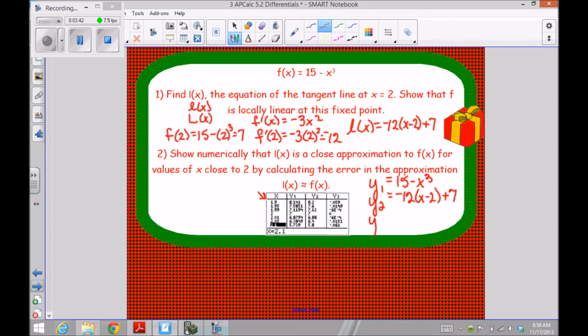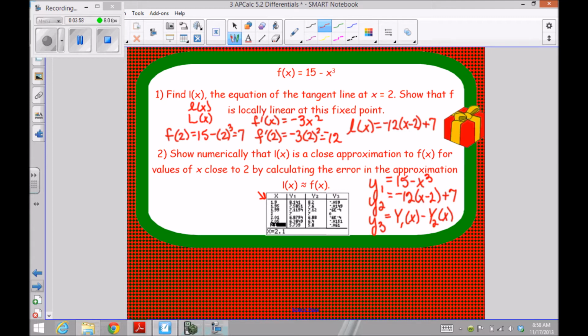And y3 is my difference between those. I did y1 of x minus y2 of x. And that way I can see the error.